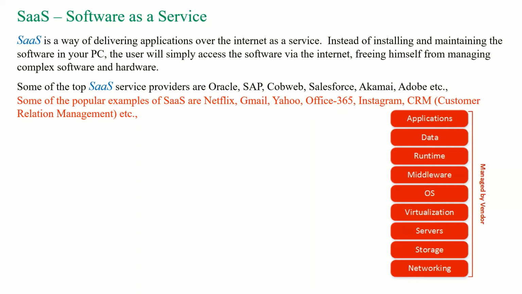Some of the top SaaS service providers are Oracle, SAP, Cobweb, including Microsoft, Akamai Technologies, Adobe. Nowadays, Adobe, Microsoft Office 365, everything is available online, right? You will not be installing any of those application software on your computer, on your laptop.